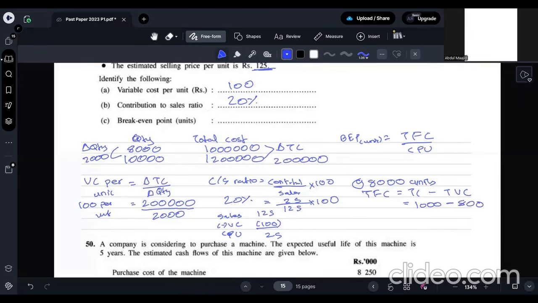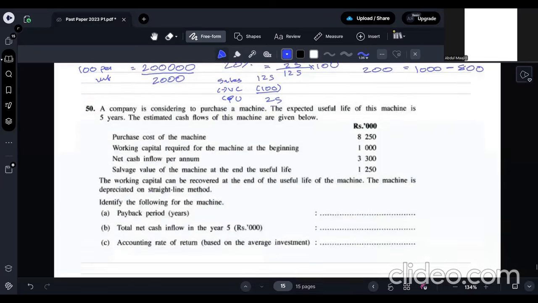Then the total fixed cost will be 200,000. So total fixed cost 200,000 divided by contribution per unit, 25 rupees. The BEP will be 8,000 units. Okay.